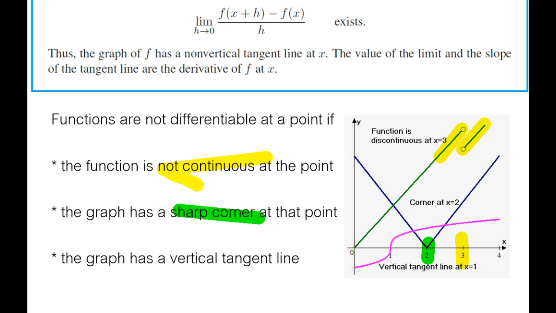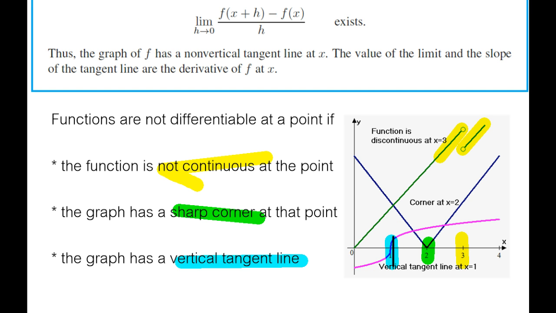And then the last situation is when the graph has a vertical tangent line. Now that's a little bit tricky because you may ask, what does it mean to have a vertical tangent line? Well, here at this point right here, if I try and draw a tangent line at this point, even a local tangent line, it's going to look like the tangent line should be a vertical line.